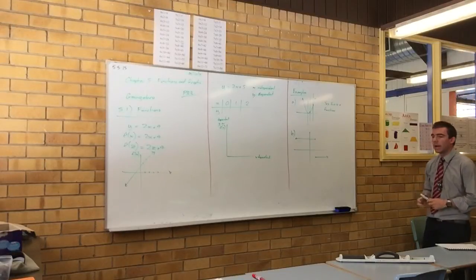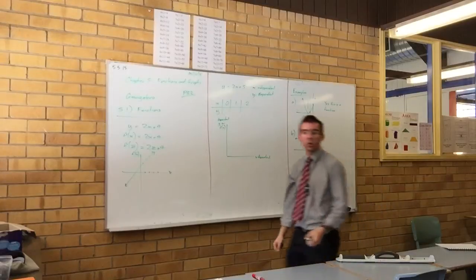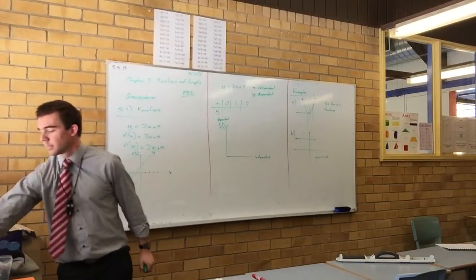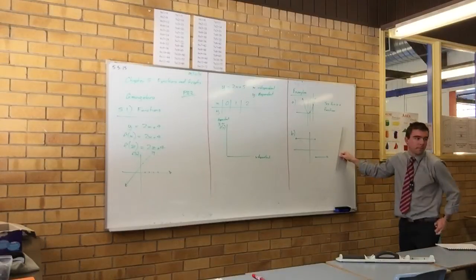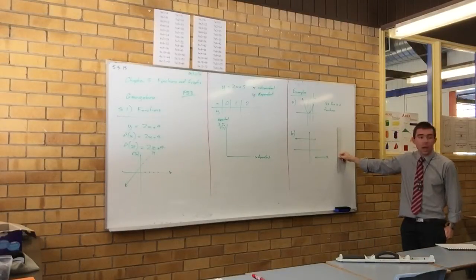So again, if I do my vertical line test, I'll start way over here. Anywhere I put a vertical line, it's only going to cut the graph at one point.